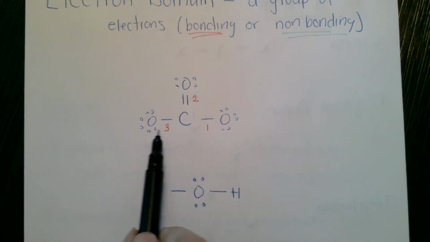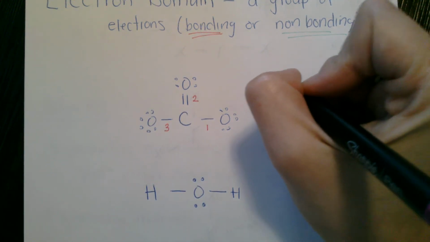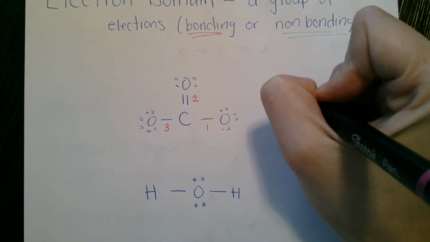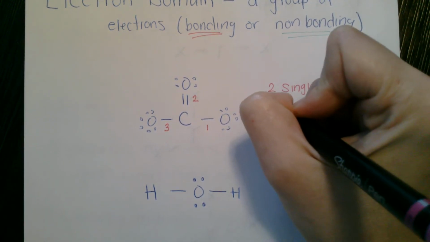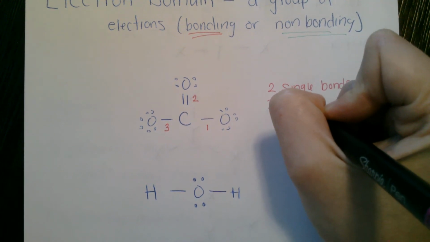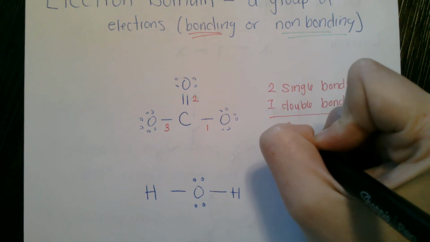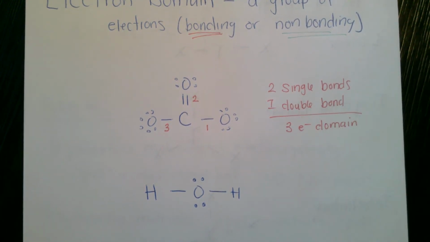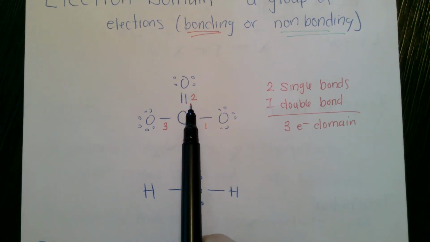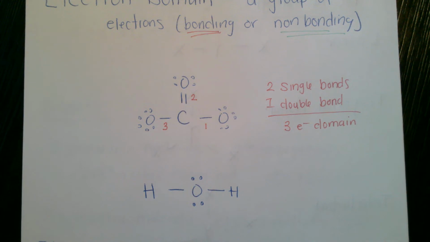If we look at the makeup of our electron domains, we have 2 single bonds and 1 double bond. If we add that together, we have 3 electron domains on that carbon atom. Notice we did not call this 2 electron domains. We called it 1 electron domain.